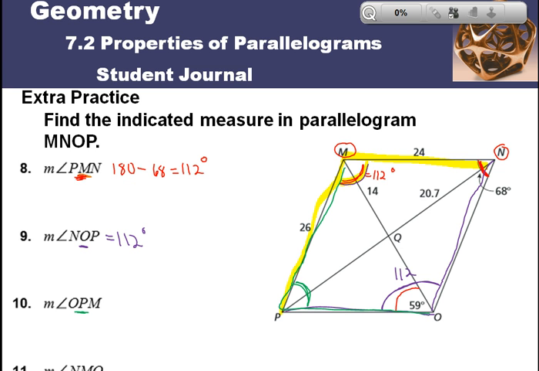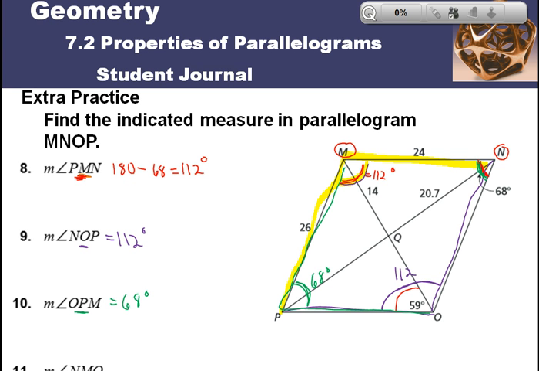And the good news is this angle is opposite with this big angle N right here. So if that's 68, then that makes this 68 as well. So OPM is 68 degrees also.